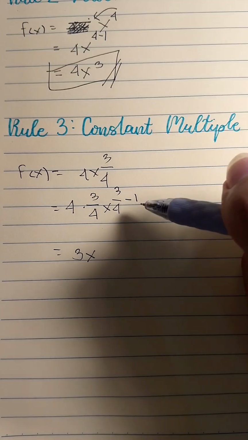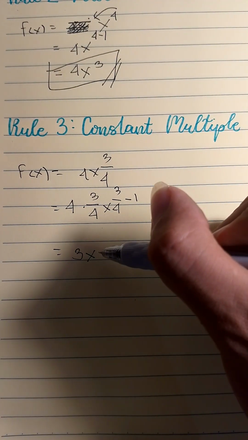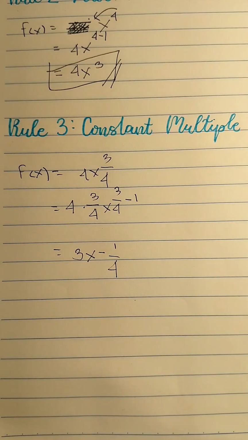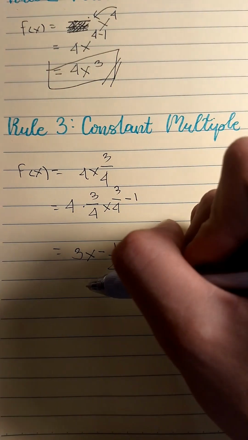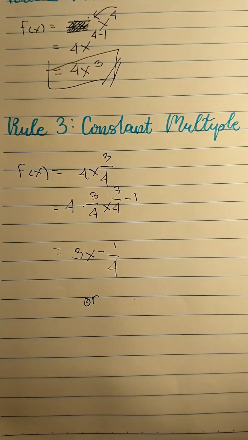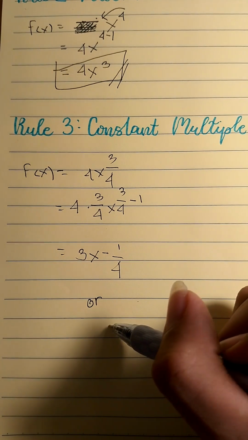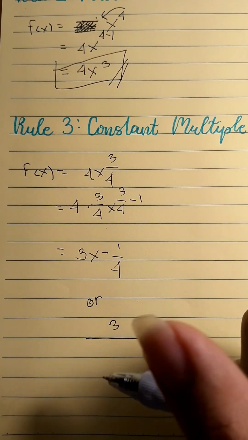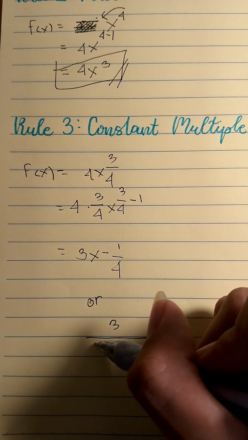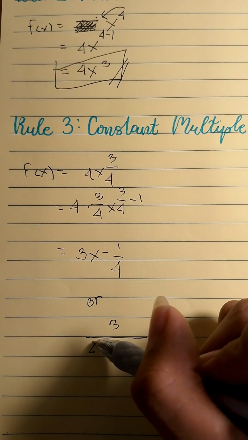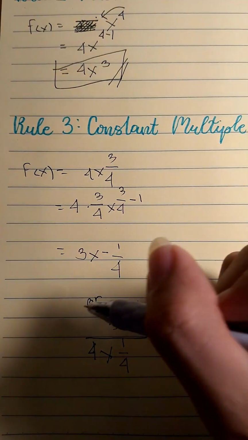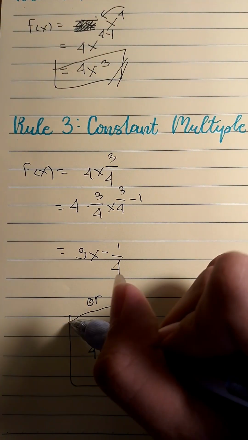Since 3/4 minus 1 is equal to negative 1/4. If we want to remove the negative 1/4, we are going to put 3 as a numerator and copy 4x and then 1/4. This is our final answer.